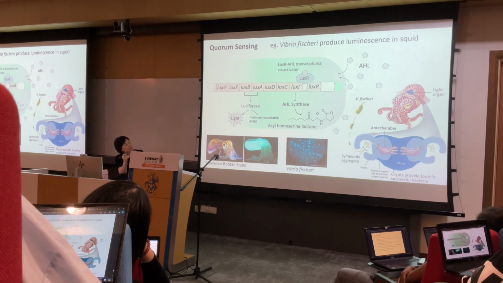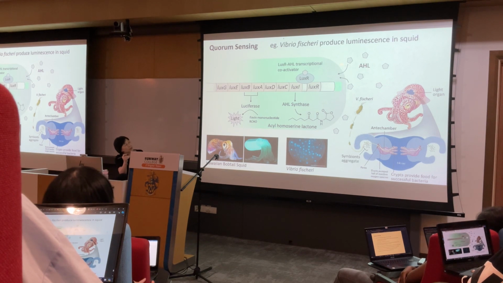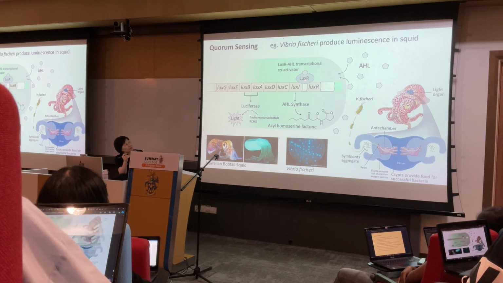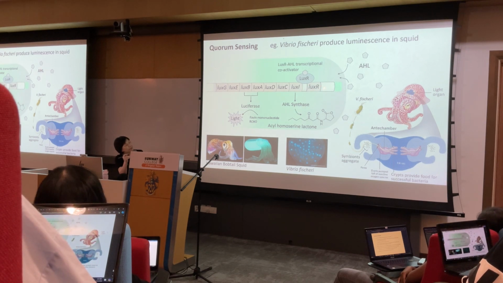It itself also has the receptor. So within this small space, there is a lot of AHL. The bacteria have a receptor to receive the AHL, and the AHL will combine with the so-called LuxR protein and bind on the promoter for LuxR. LuxR is a receptor for AHL.